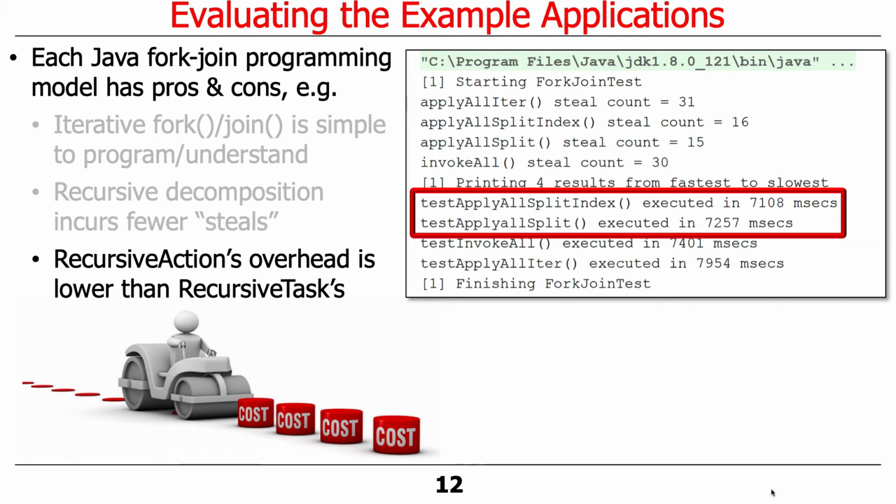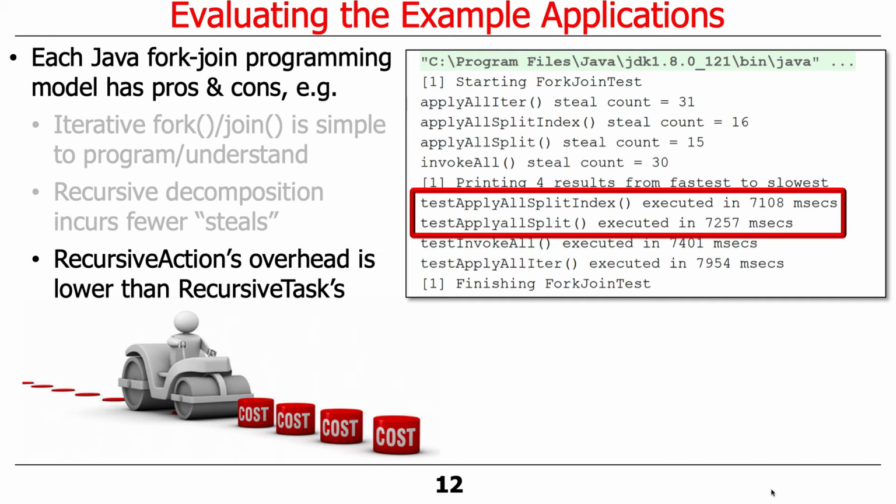But when it doesn't have any work in its deck, when it's playing without a full deck, when it has nothing in the deck, it will turn around and go try to steal from somebody else's deck who might have something in it. And the way that the stealing works, as I mentioned before, is it's done randomly. So think about, like a random number generator. Let's assume, for sake of argument, you've got 4 threads in your fork join pool.